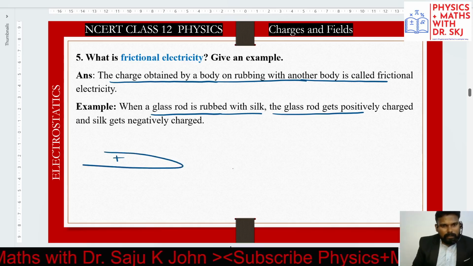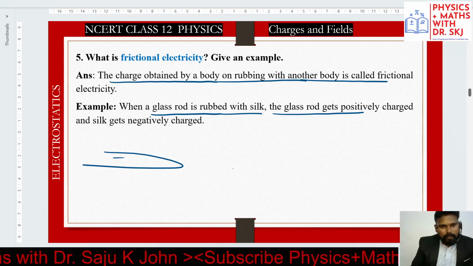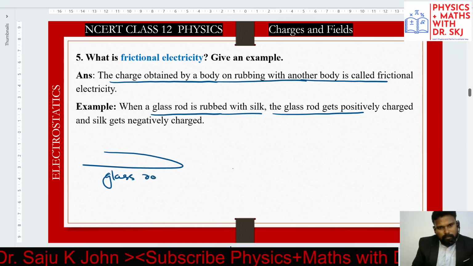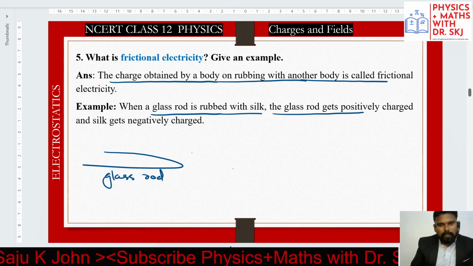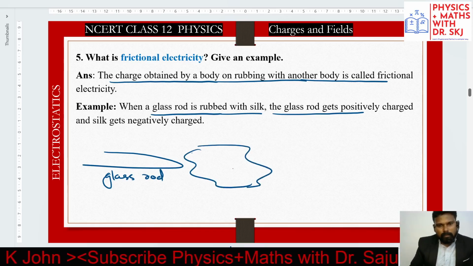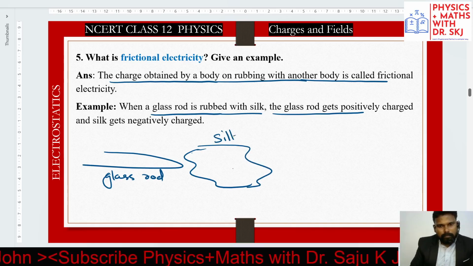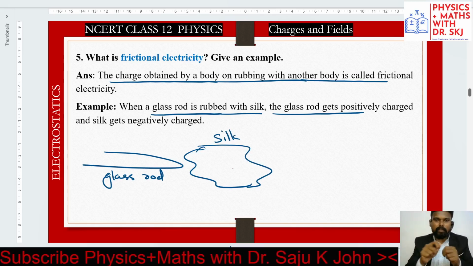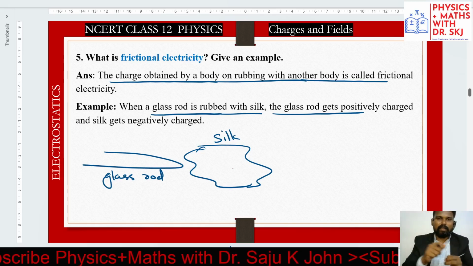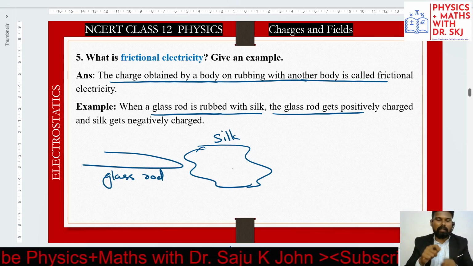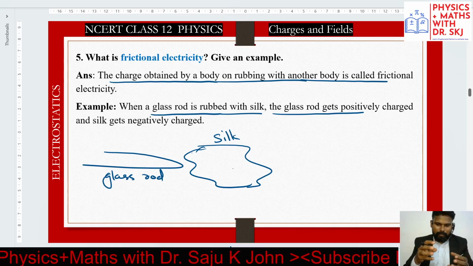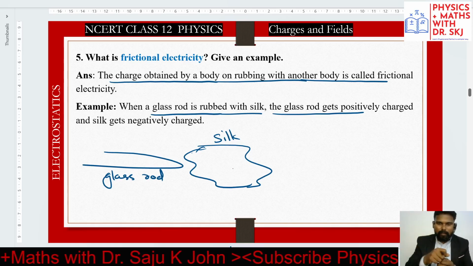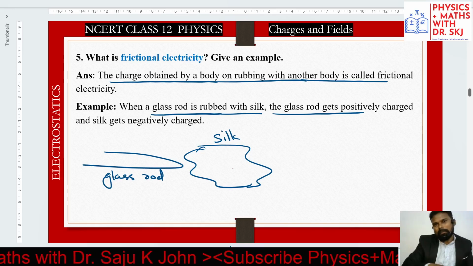Suppose this is a glass rod, and it is rubbed with a silk material. Then what happens is that when they are rubbed together, heat energy is developed because of friction, and absorbing that heat energy, electrons will be transferred from one material to another.